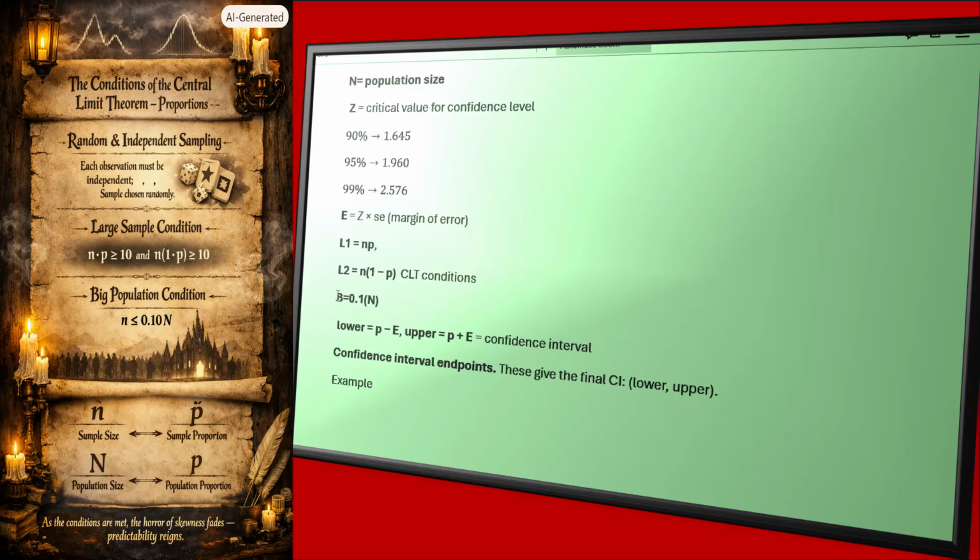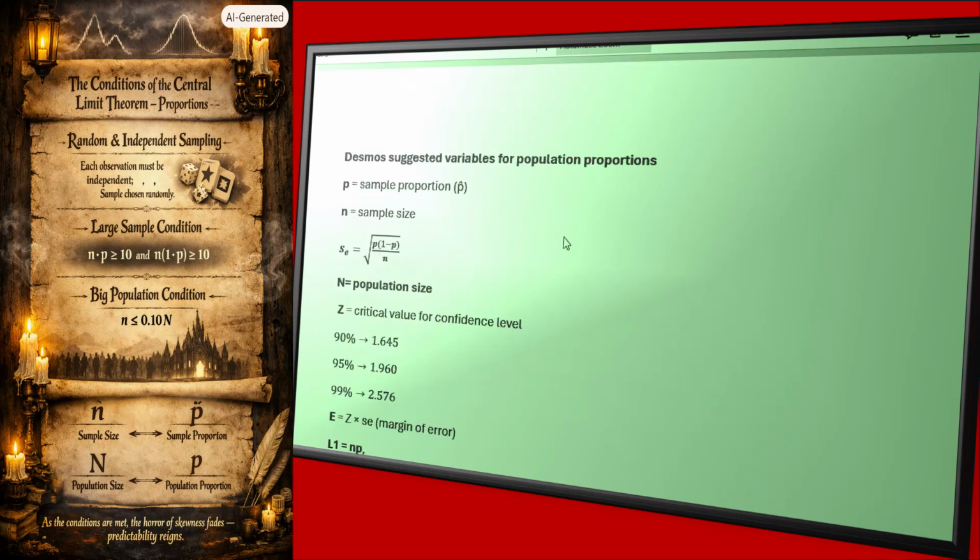And also the population condition, the big population one, that your sample should be less than or equal to 10% of the population. Why that is will be explained here. I'll do this as we go through each problem, and I'll expand that on out. But anyway, that's the basis.